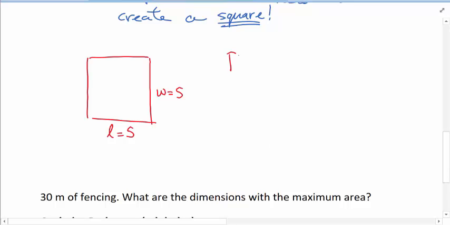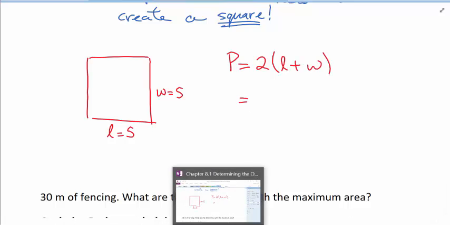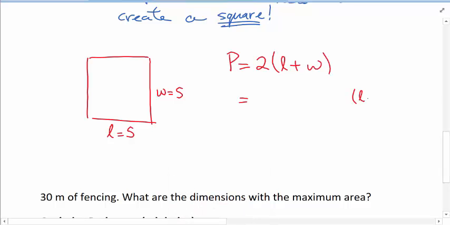So, the perimeter formula again is 2 times L plus W. However, when I'm trying to make a square, I know that the length is equal to the width, which equals S. Is that okay? To make a square, L equals W equals S. So I'm just going to replace the letters with S, just to simplify it.